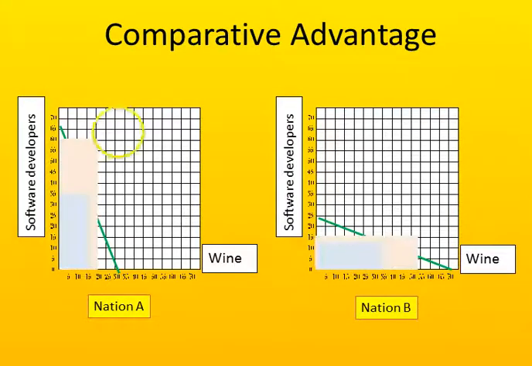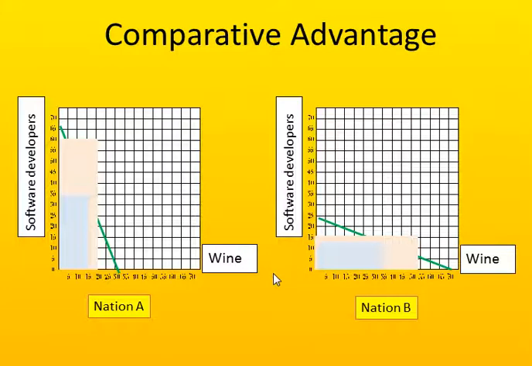What this is telling us is that that point right here is where we can consume. We're still producing here at this blue area if we were using our resources in the same way. Now, when we go into trade, we're likely going to produce at different amounts. But the point is that we're going to benefit if both countries trade.